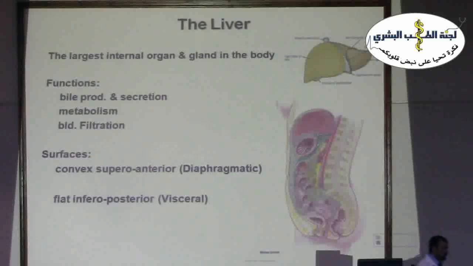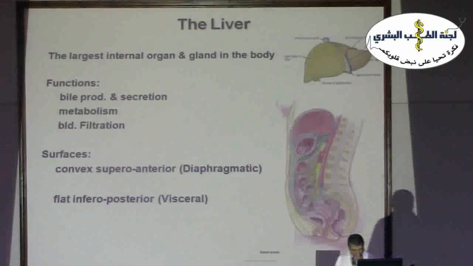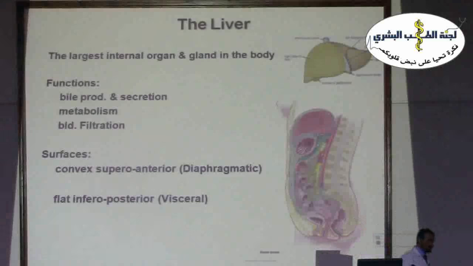The liver is a very important organ because it carries numerous functions. The first, most important, is filtration of the blood before returning it from the intestine to the heart, so it filters the blood from foreign organisms and structures. The second function is bile production, which is important for the emulsification of fat during the digestion and absorption process.